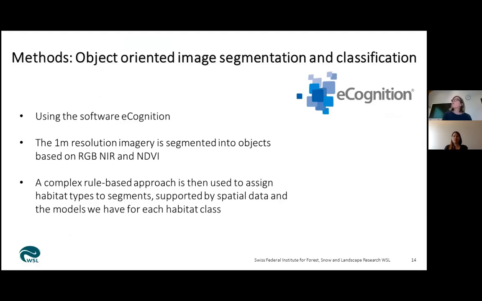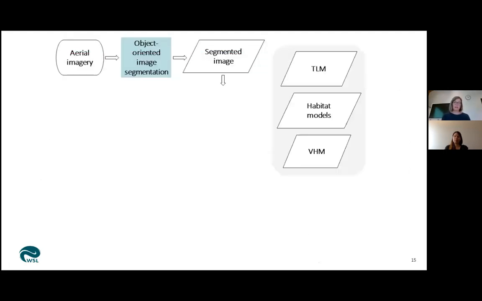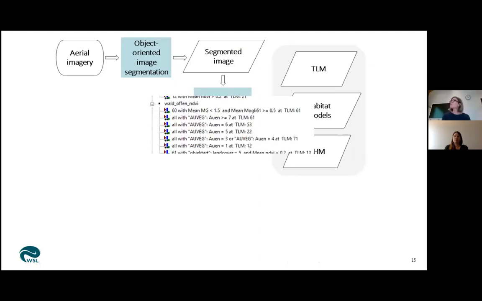So from the 1 metre resolution imagery, we create the image segments, and then we have a complex rule-based approach to assign the habitats to segments. This classification is supported by spatial data and particularly models that we developed for different habitat types. So we use the topographical landscape model, our habitat models, and the vegetation height model to help us classify the image segments.